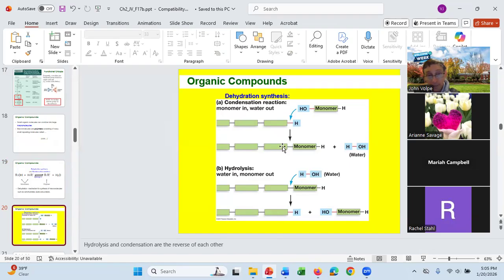So that's dehydration synthesis. And then the hydrolysis reaction will be the reverse, where you add water, which will then break apart, with the OH group coming onto the monomer, making a monomer come off the polymer, and then we'll have a smaller polymer with the H of the water joining on the polymer. Any question about any of that?